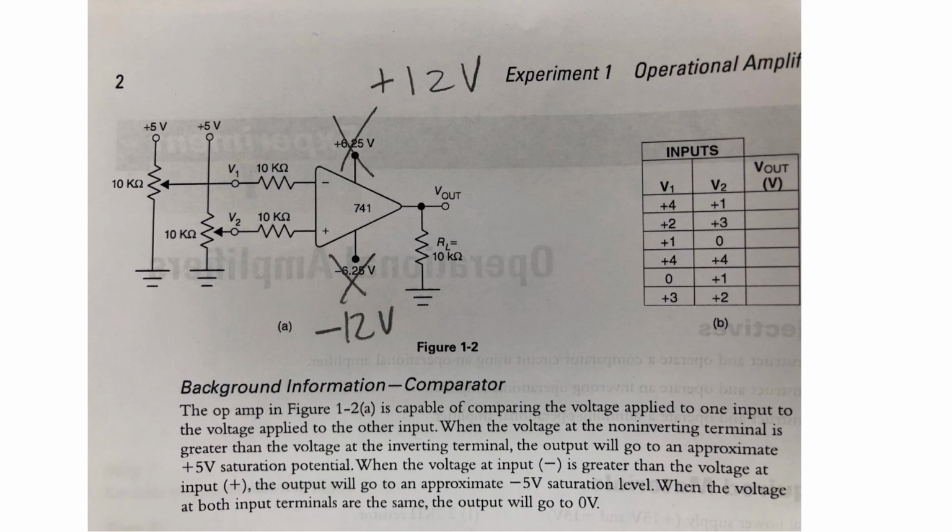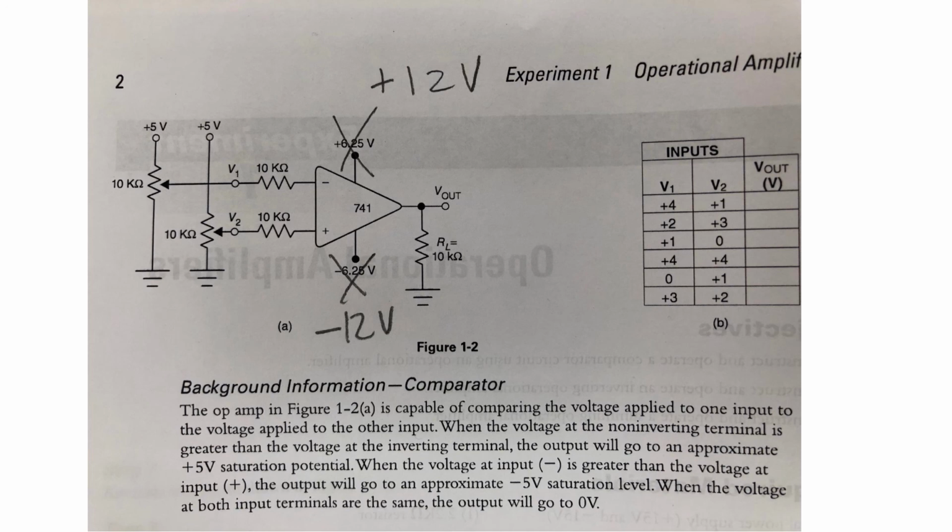Now, we're not going to be using 6.25 volts plus and minus. Instead, as I mentioned earlier, we're always going to use plus and minus 12 volts for this particular experiment. So remember that anytime the power voltage for the 741 op amp says a different voltage, just replace it with 12 volts.